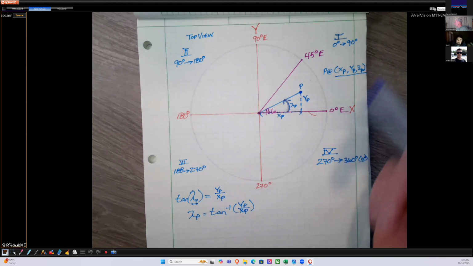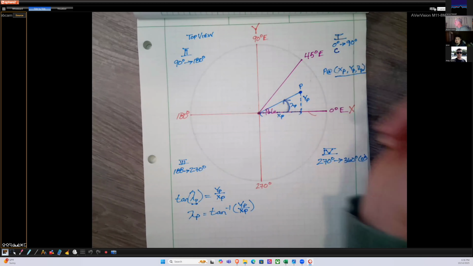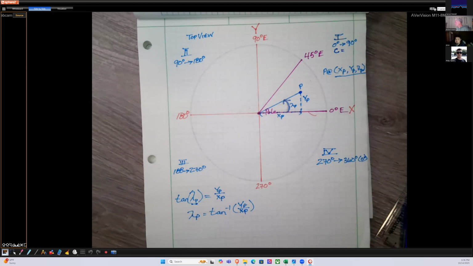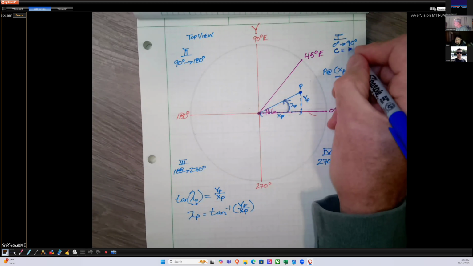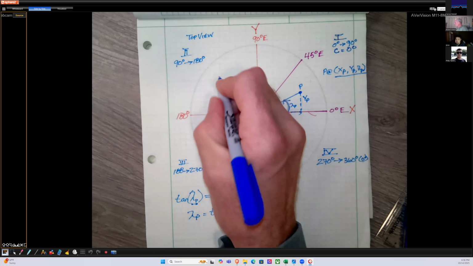It's always going to return a value between what? 0 and 90. So what would our C value be here, our correction constant for quadrant? And that one, just 0. 0. Okay.